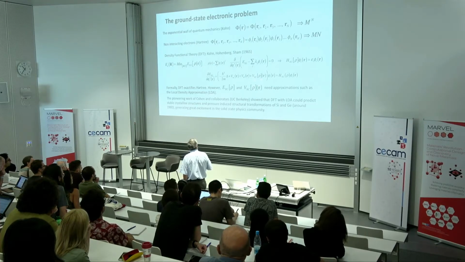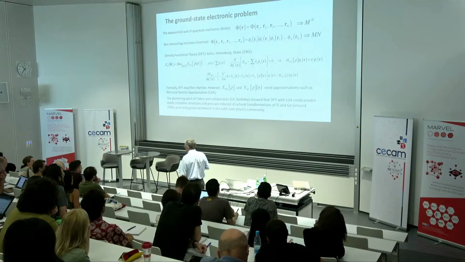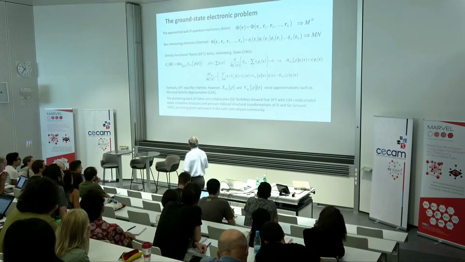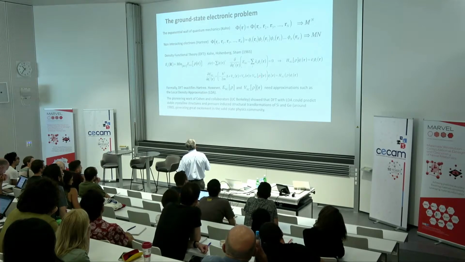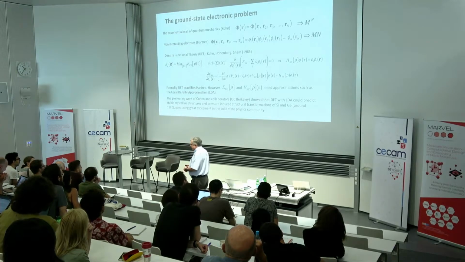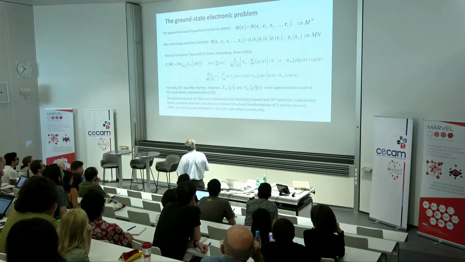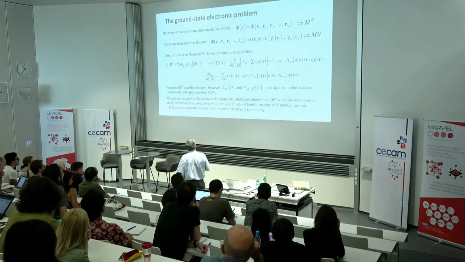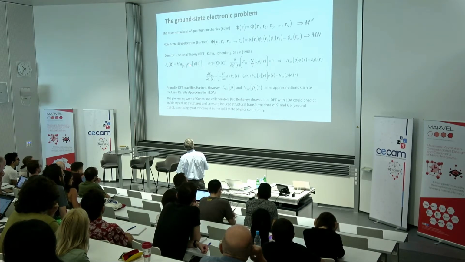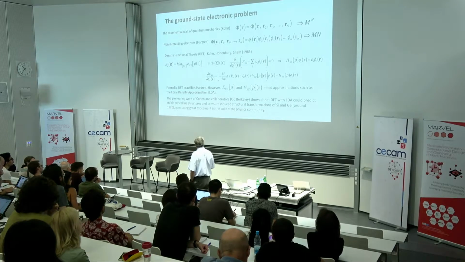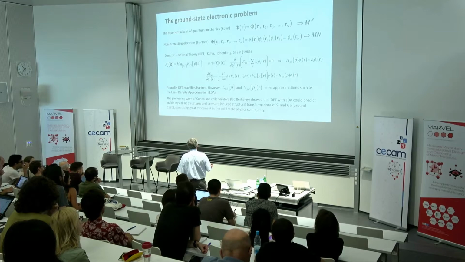It would be exact in practice if we knew the form of this exchange correlation potential, which is a local potential in r, but it is a very complicated functional of the density. So both the exchange correlation energy that enters in the definition of the Kohn-Sham energy and the potential, which is just the functional derivative of that, need approximation.